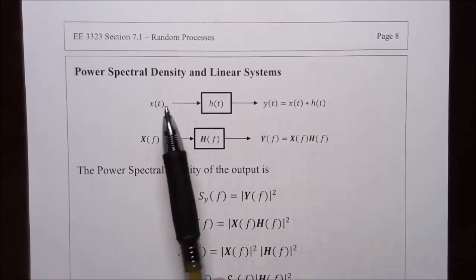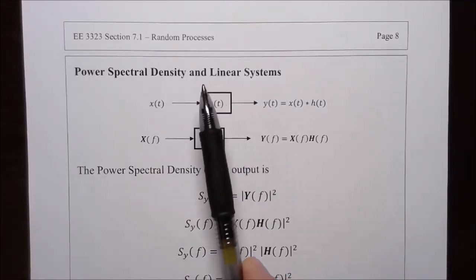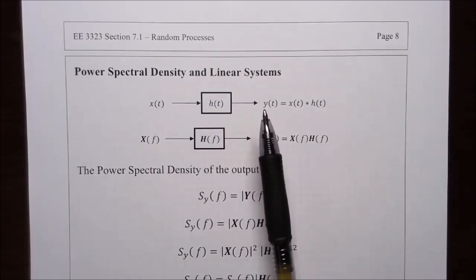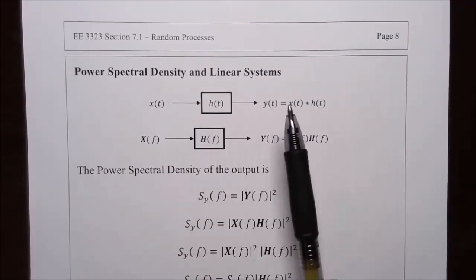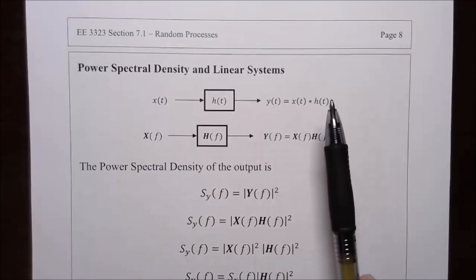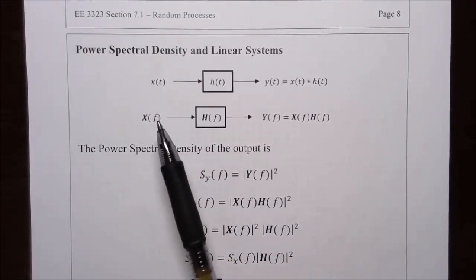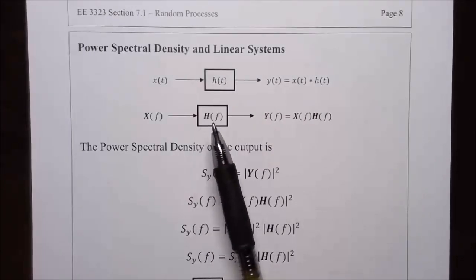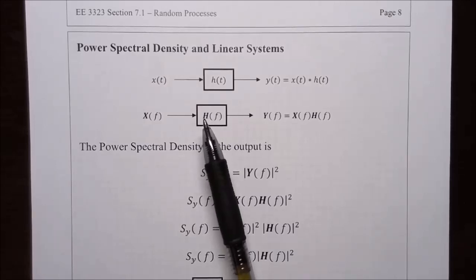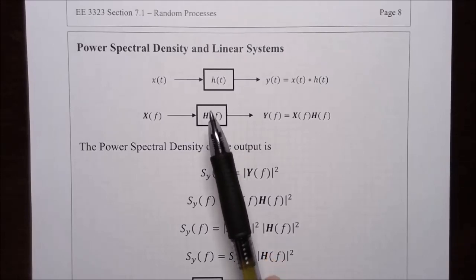So as always, if x of t is the input and x of t is a random signal, and that passes through a linear system with an impulse response lowercase h of t, then the output y of t, as always, is equal to the input x of t convolved with the impulse response h of t. And if we take the Fourier transform, this is capital X of f, into the linear system, which is now described by its transfer function, uppercase H of f, which is the Fourier transform of the impulse response, h of t.